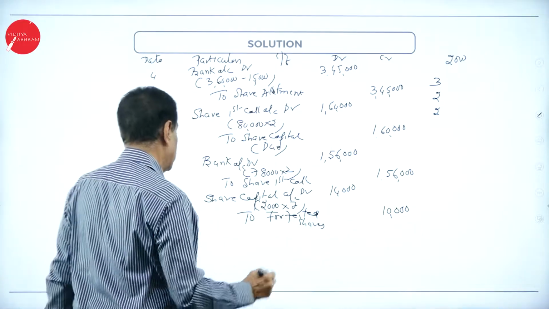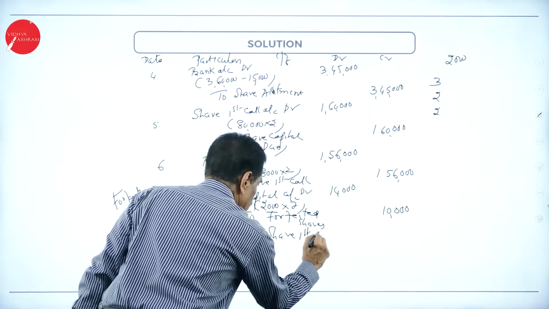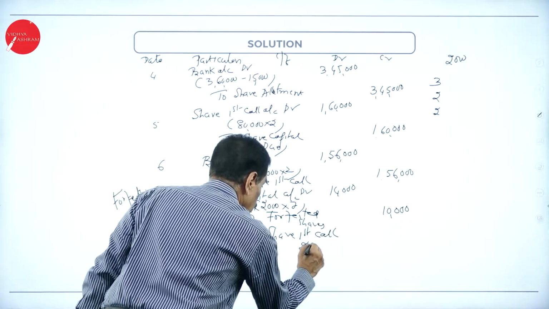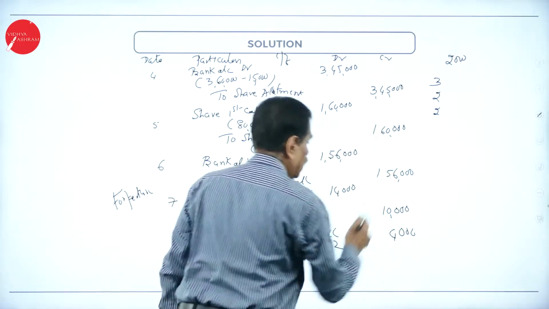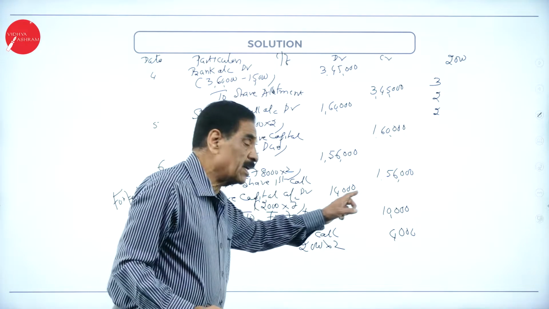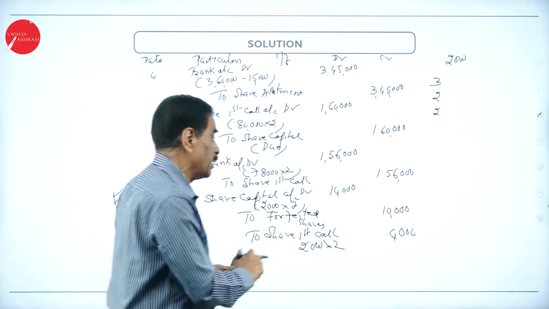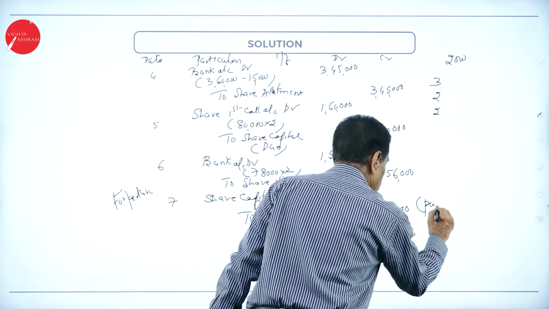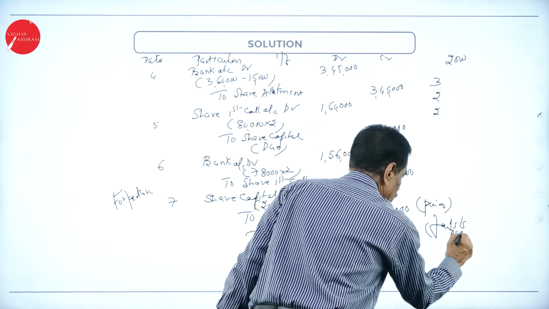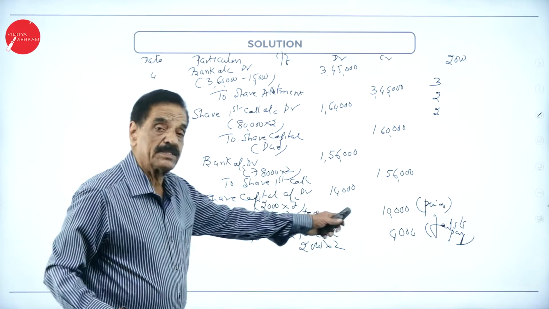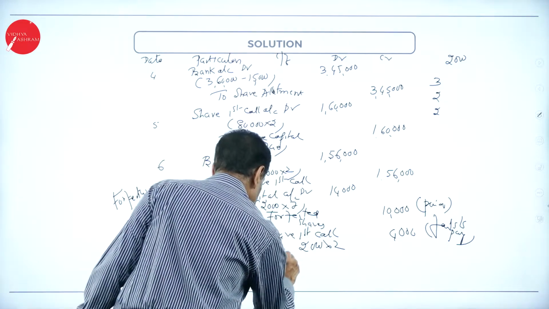He fails to pay the first call, 2,000 into 2, 4,000. What's the entry? Share capital account debit 14,000, 2,000 into 7, to forfeited share, already paid 10,000, to share first call, fails to pay 4,000, being forfeiture.